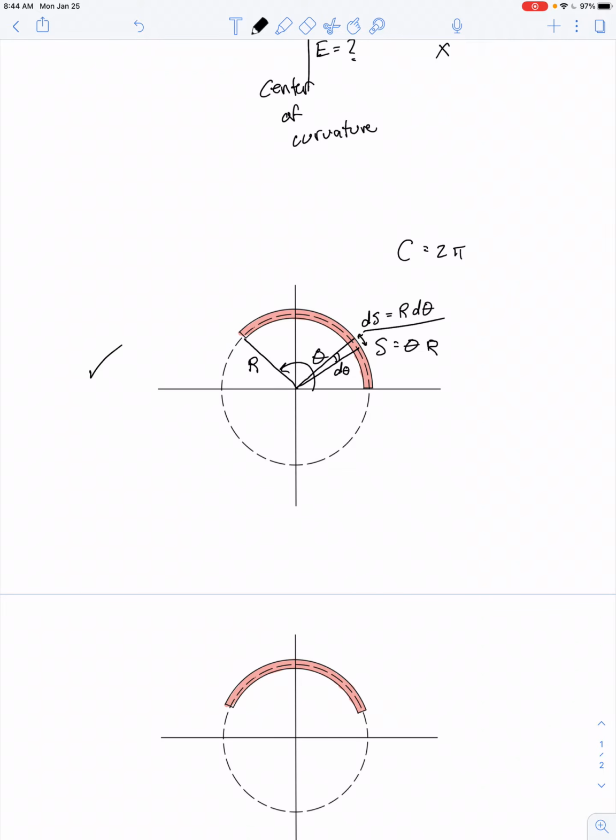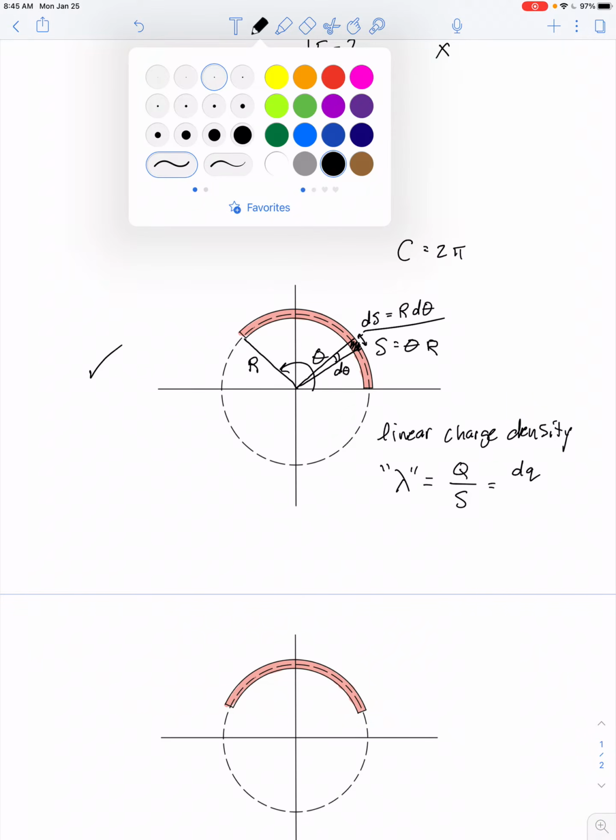And again, we'll talk about charge density. In this case, we're back to linear charge density. So the linear charge density we'll assume is constant, and we'll give it that symbol, Greek letter lambda, one more time. So if it's uniform, then if we divide the total charge Q by the full arc length S, that's the same thing as a little bit of charge that occupies, draw that in again, highlight this space.